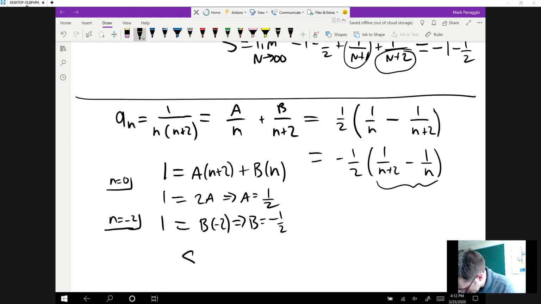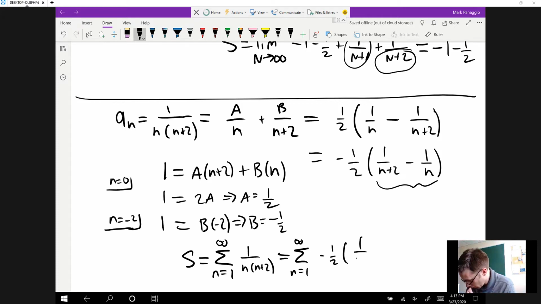And so we could say that the sum of 1 over n times n plus 2, we can write that as the sum of negative 1/2 times 1 over n plus 2 minus 1 over n.